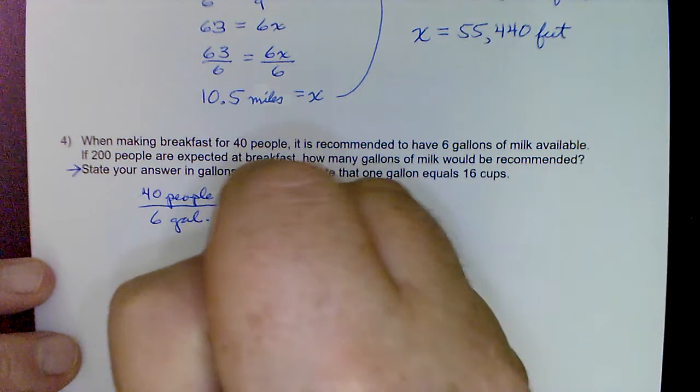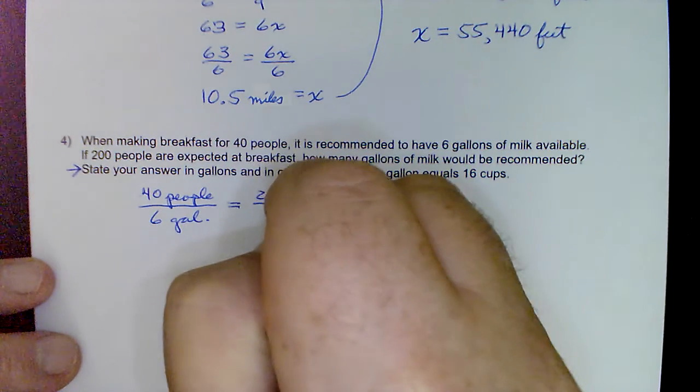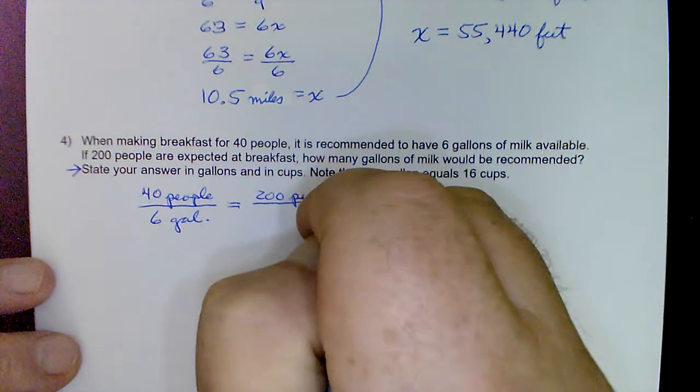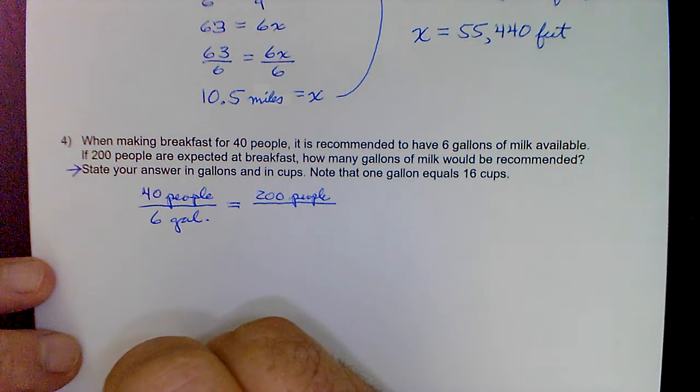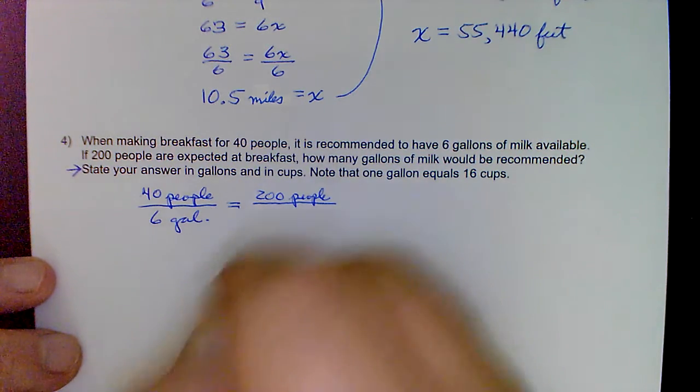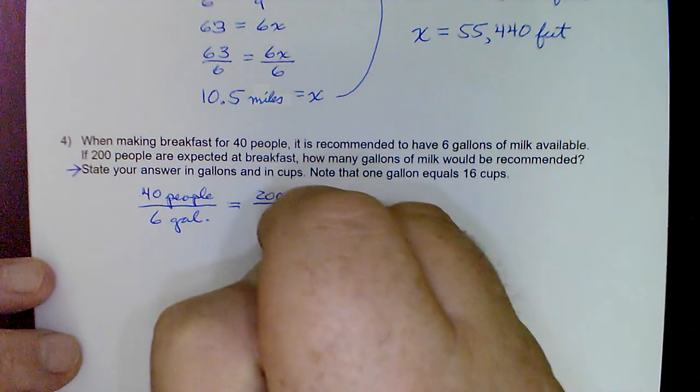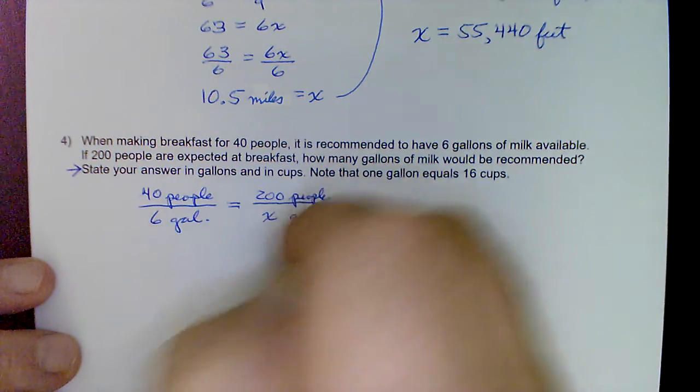See how nicely this works? As long as you know that concept, align the units, and you take the time to write things out, everything works out pretty nicely. So 200 people in the numerator, we'll call this X gallons in the denominator.